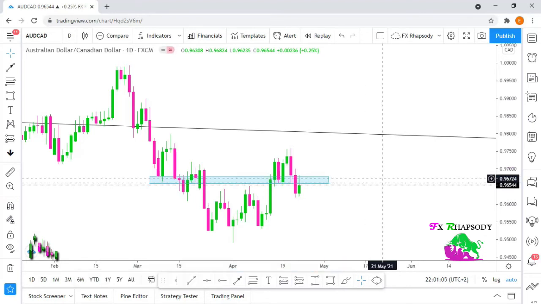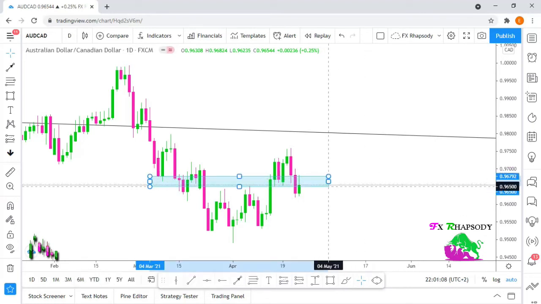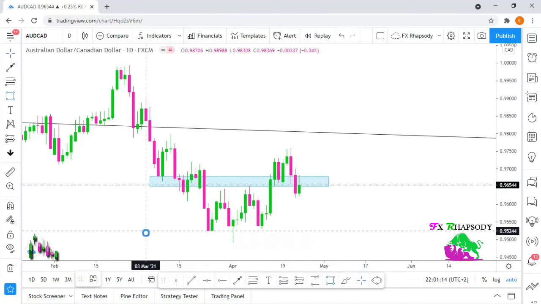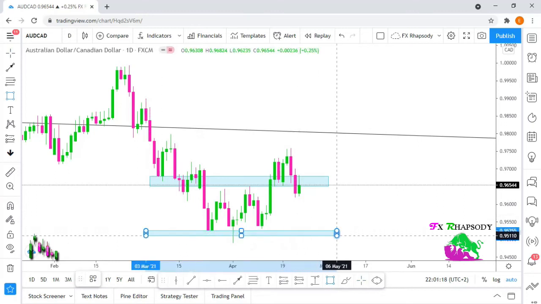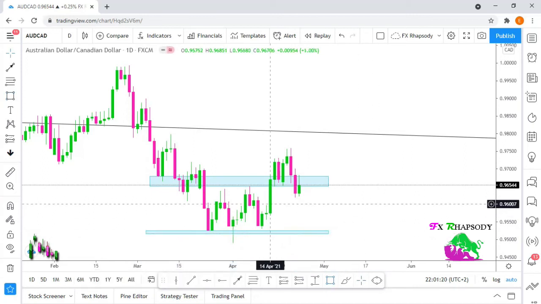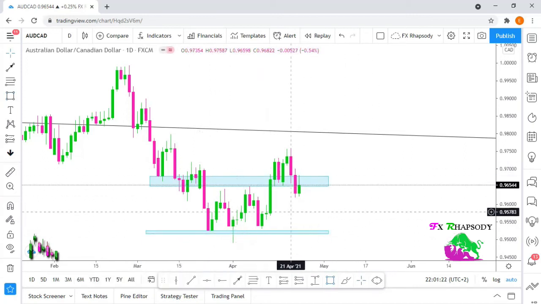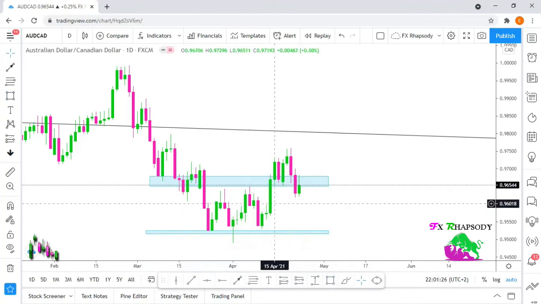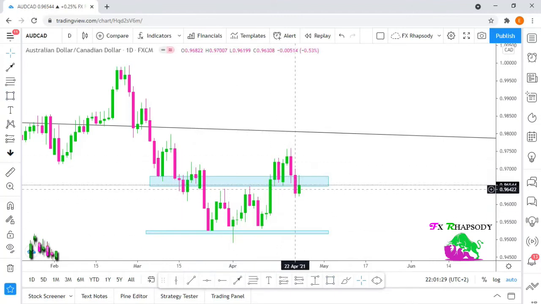So we're looking at this area there, and this area over here. Price is, I wouldn't say in consolidation, but it's been bouncing up and down the support and resistance area, breaking through it, breaking back into it, coming back to retest it.